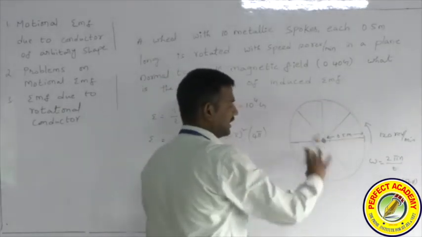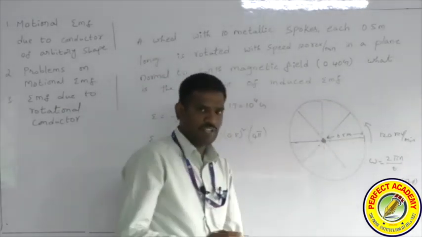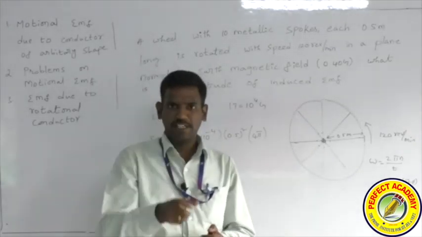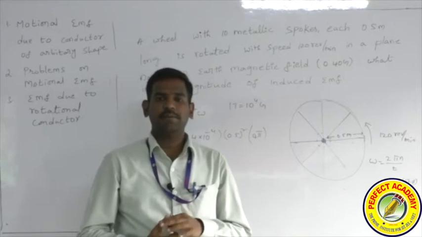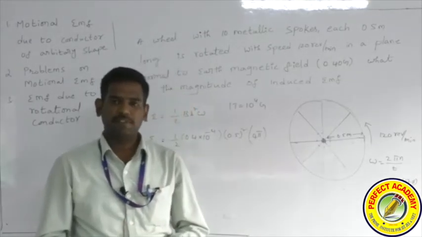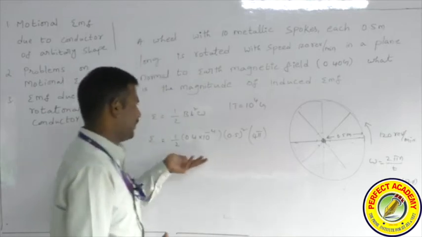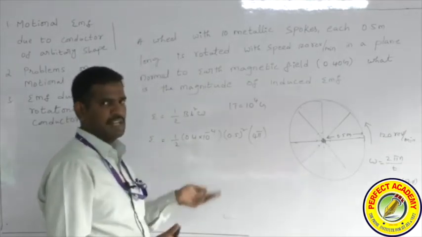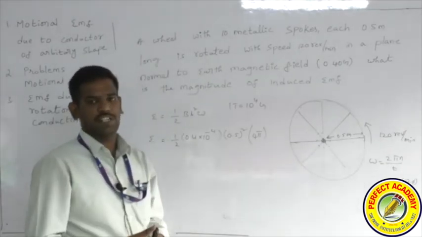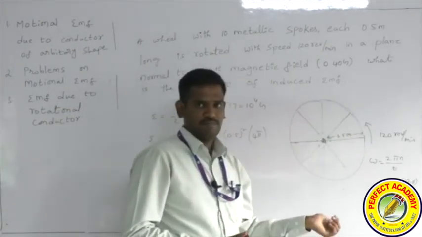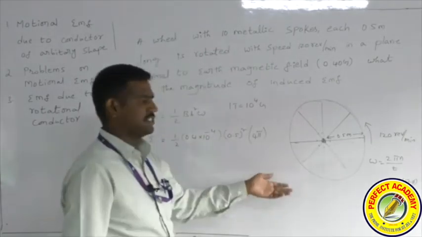We know very well that whenever several batteries are connected in parallel such that all have the same EMF, then the net EMF equals the individual EMF itself. Therefore, simplifying this, I will get the result, and that is the total induced EMF between the axle and rim of this wheel. Okay, so this is the induced EMF concept.